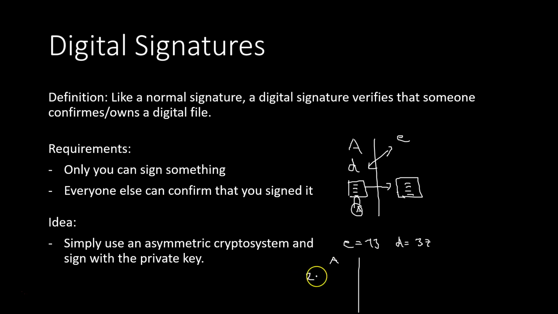And she's going to encrypt that 2 with her private key. So she's going to raise 2 to the power of 37 mod 77, which equals 51. And she's going to publish that encrypted guess, 51.